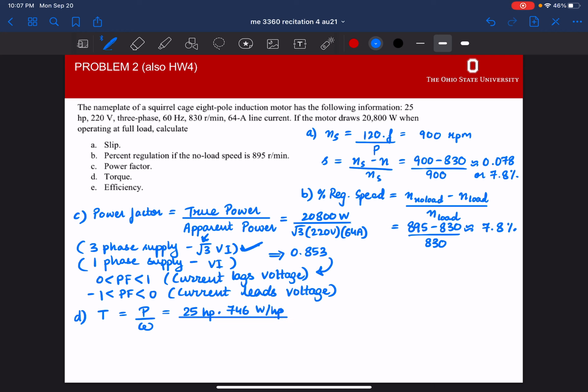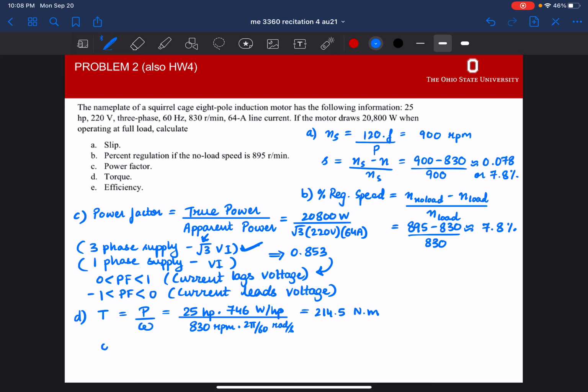and we have 830 RPM, which we can convert to radians per second using that expression over there. So this would give us finally 214.5 Newton meters.